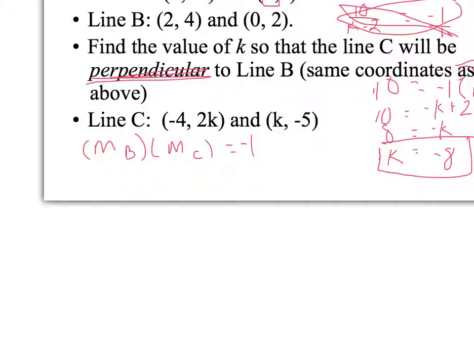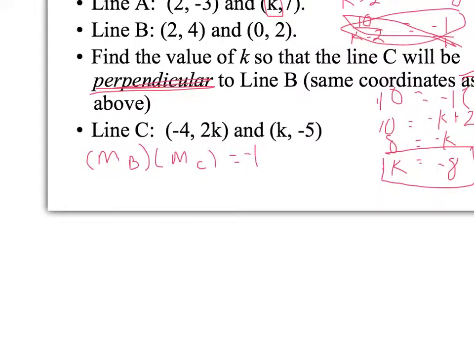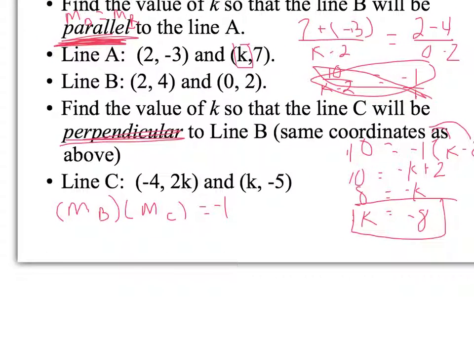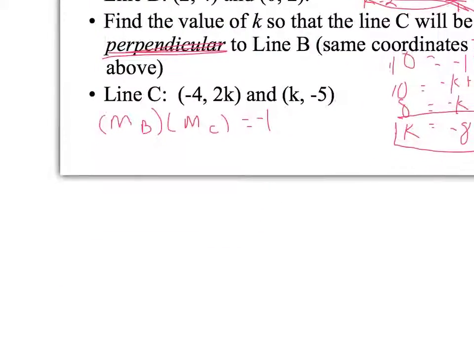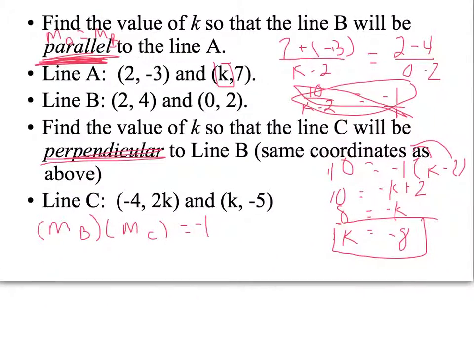Okay, so let's first find the slope of line B, which we did earlier. What was the slope of line B? 2 minus 4 over 0 minus 2. I got my sign wrong on that one. We'll have to go back and correct that in a little bit. I have no one here to correct me, so I did that one wrong.